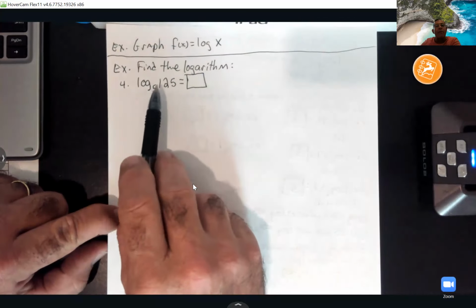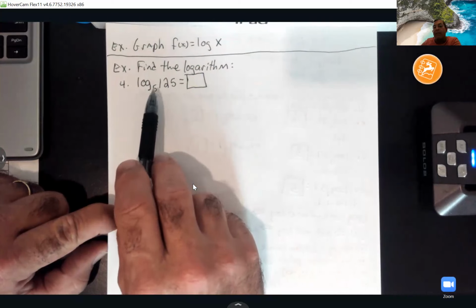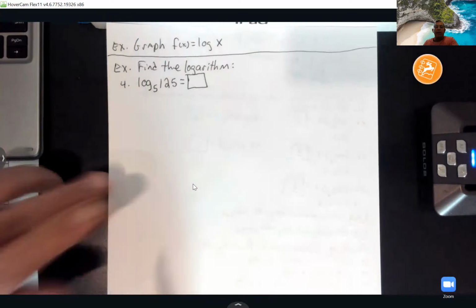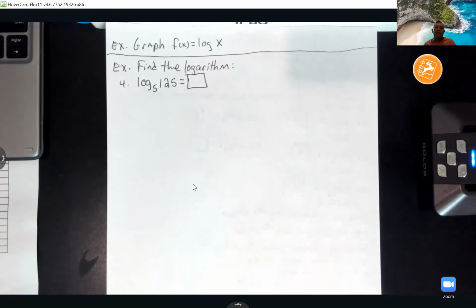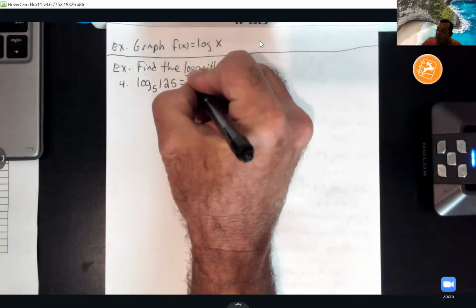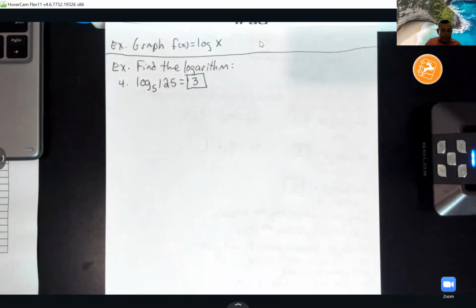I'm looking for the exponent I would raise this 5 to in order to get 125. You can multiply that out. 5 times 5 is 25. 25 times 5 is 125. Since I multiplied by 5 three times, that exponent would be a 3.